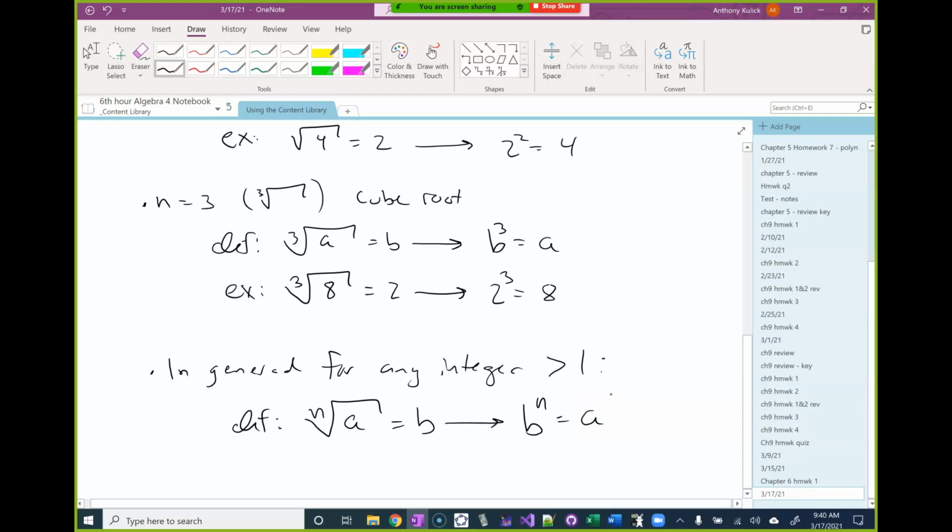The same definitional pattern continues for any whole number values of n that are at least 2. So it works the same way for 4th roots and 5th roots and 6th roots and 7th roots and 8th roots and 9th roots and 10th roots and on and on.